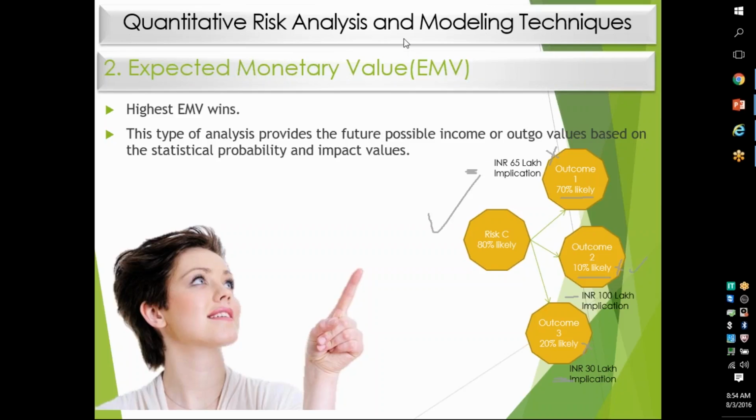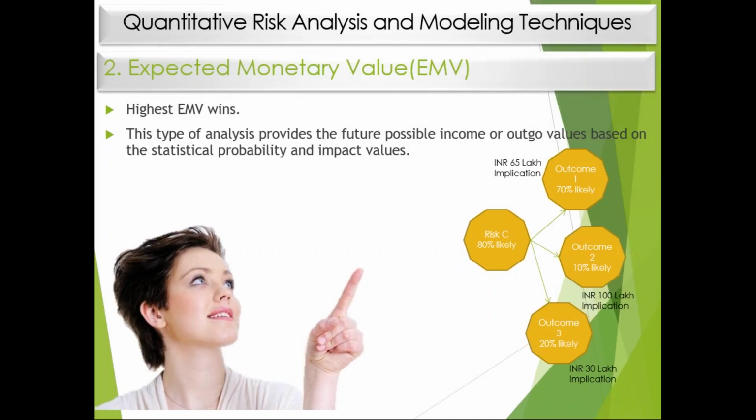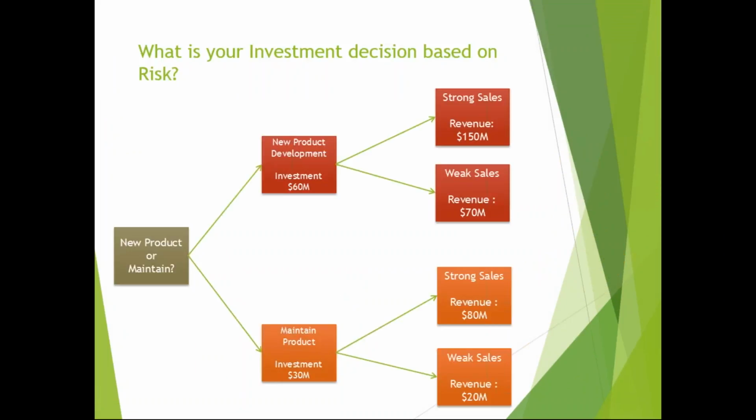Now let's look at an example here to be clearer about it. Let's see how we calculate your investment decision based on the risk here. This is a typical PMP exam question.